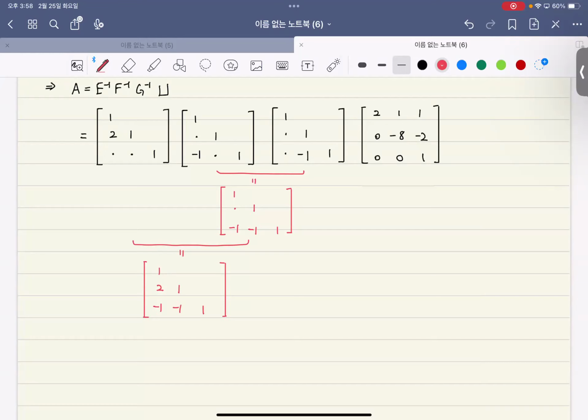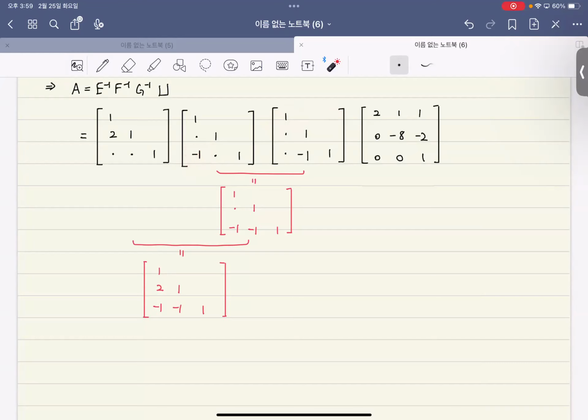So the column index implies I multiply -1 to the first row of this matrix, and add it to which row?